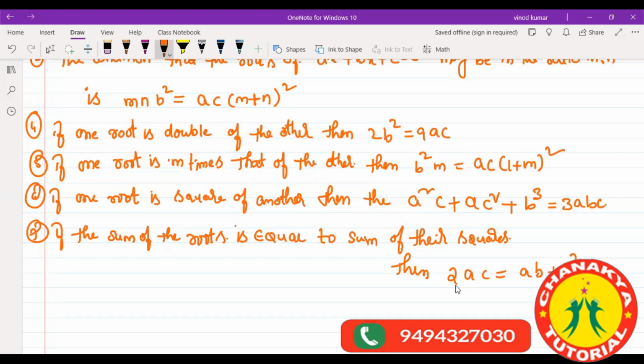If the sum of the roots is equal to sum of their squares, a and b, two roots are there, then a plus b equals to a square plus b square. Then the condition is 2ac equals to ab plus b square, or alpha plus beta equals to alpha square plus beta square. When we get this, the condition is 2 into ac equals to ab plus b square.